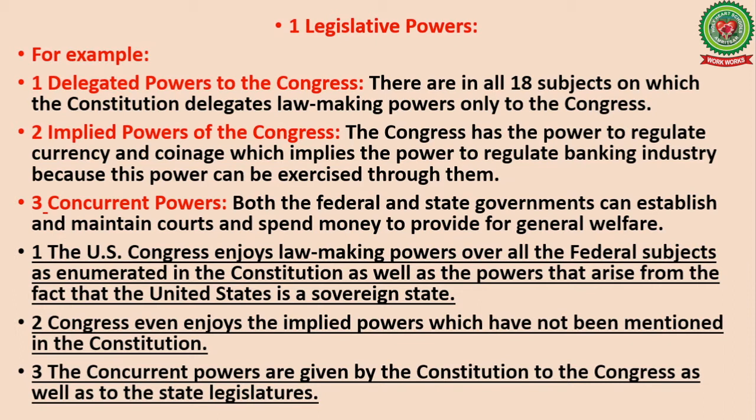Like in the Indian constitution, there are residuary subjects which are not mentioned in the constitution. They automatically go to the union legislature. Same way it comes here, the implied powers. Then third, the concurrent powers are given by the constitution to the Congress as well as to the state legislature. So this is common between India and USA.